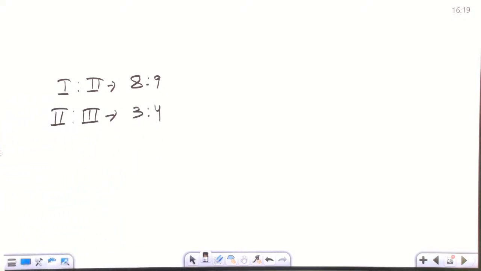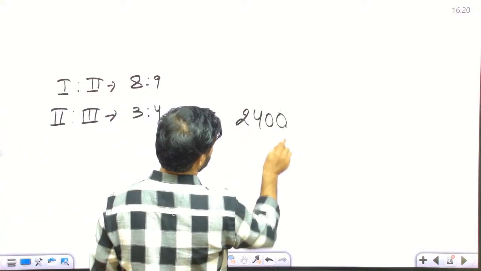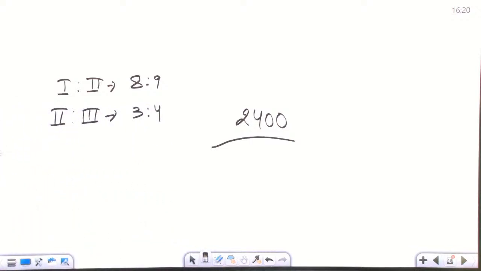If the product of the first and third is 2400, then find the sum of the numbers.